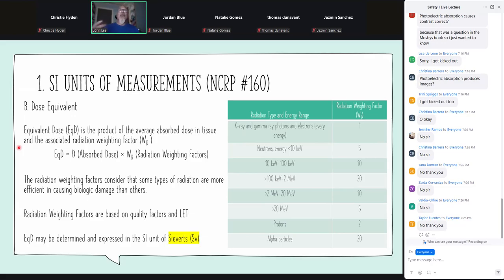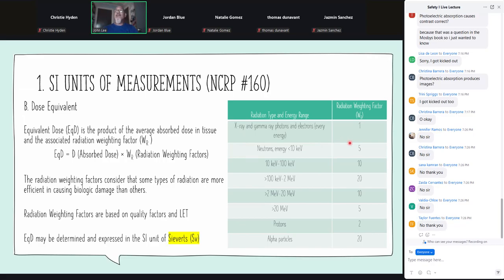So we factor in what's known as a radiation weighting factor. The dose equivalent, or equivalent dose, flip them back and forth, it's okay, is the absorbed dose, which we just talked about, multiplied times the radiation weighting factor.